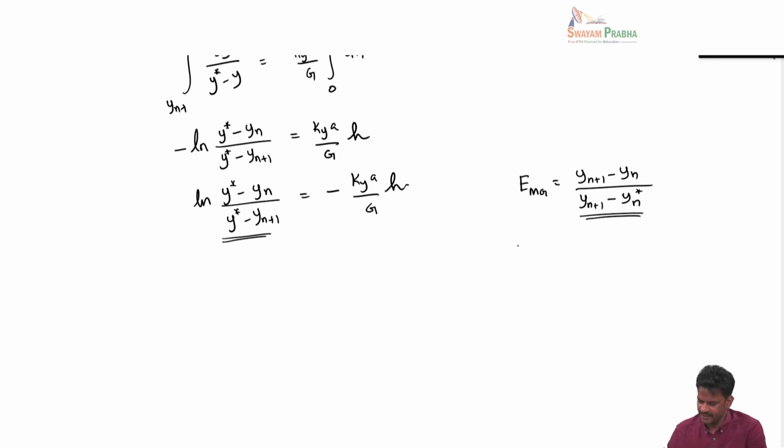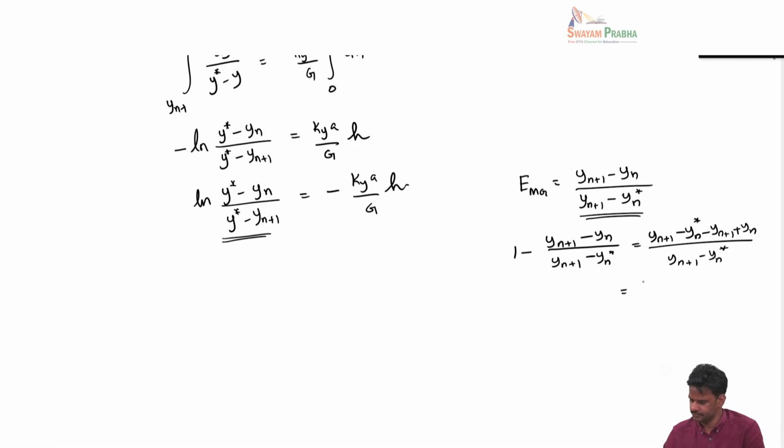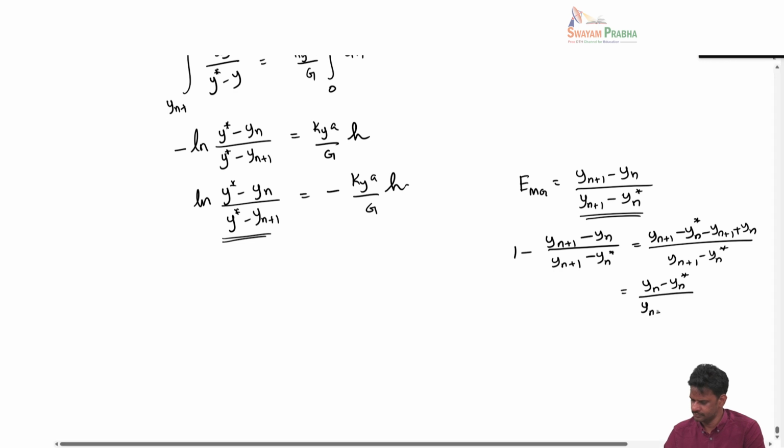Let us say I find this term, 1 minus (yn plus 1 minus yn) by (yn plus 1 minus yn star). So, I will get this.